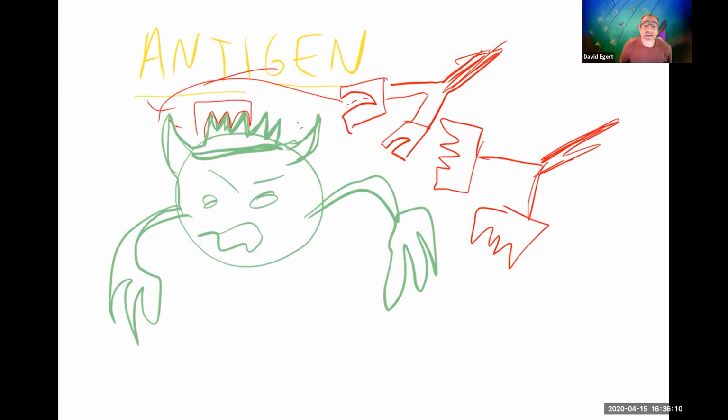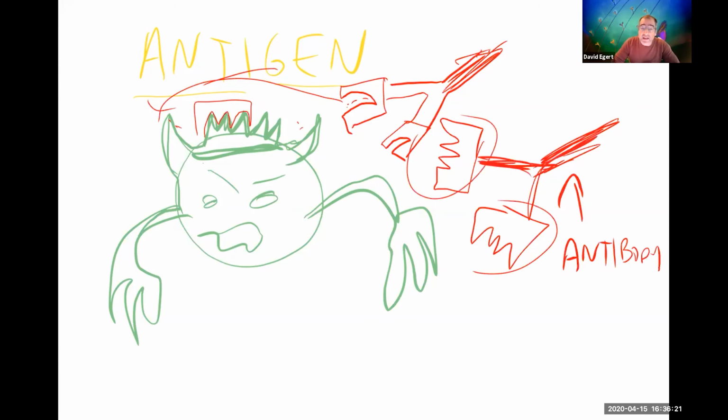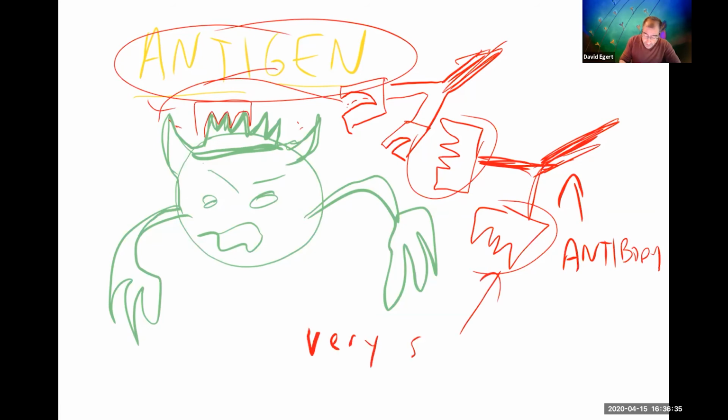But the basic idea of an antibody is it has this variable region that is specifically able to recognize a very specific antigen. So they're very specific. They are only going to recognize a particular antigen.